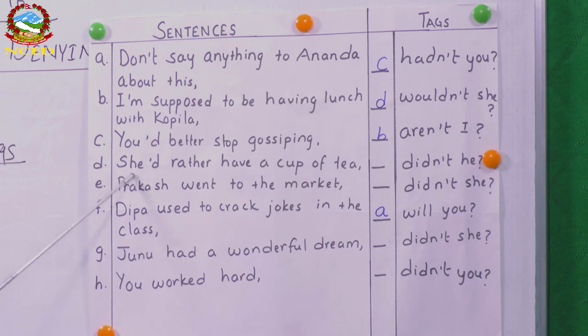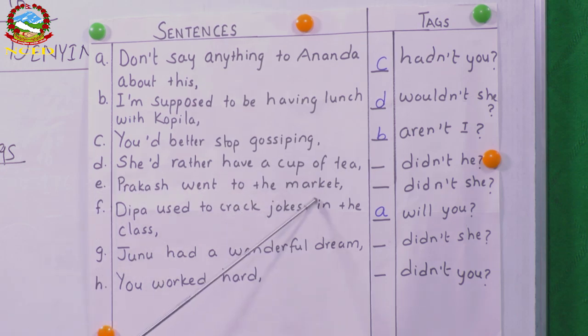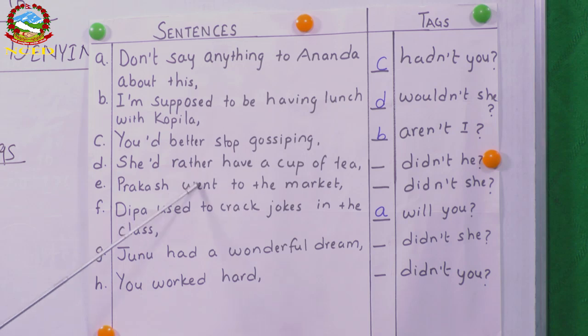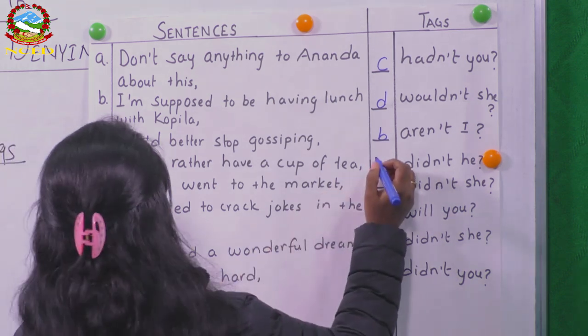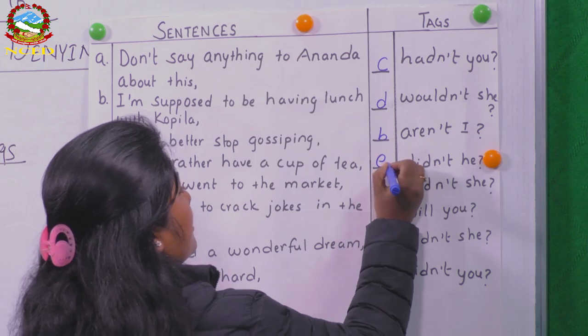Number E. Prakash went to the market. Went, past form. So main verb, that's why we use do form. It is past, that's why we need did. Okay. Prakash is male, that's why he. So did he into negative is didn't he.